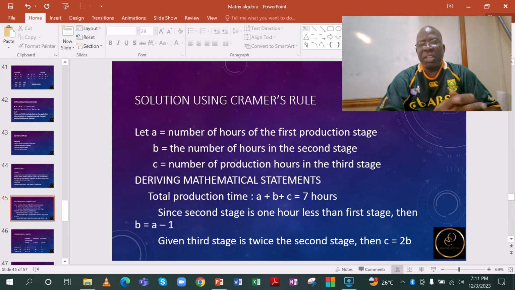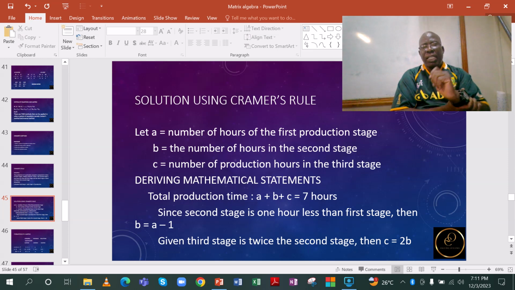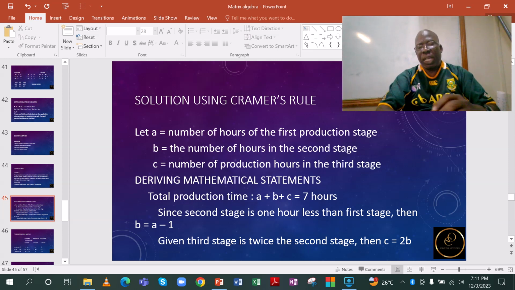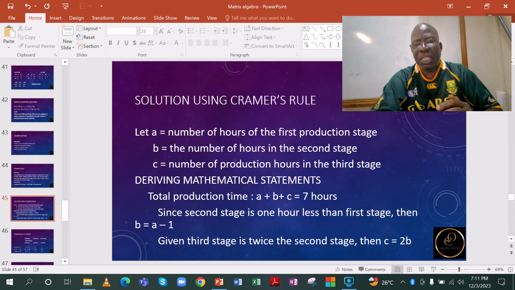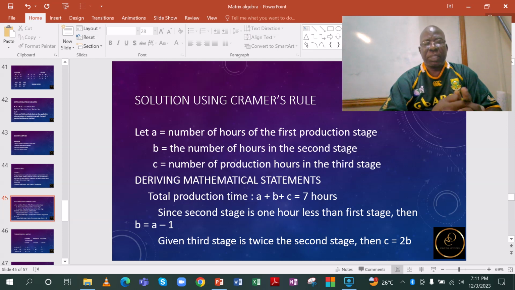Since the second stage is 1 hour less than the first stage, B, which is stage 2, is the same as A minus 1, because we are told B is 1 hour less than the first stage. So B is equal to A minus 1.